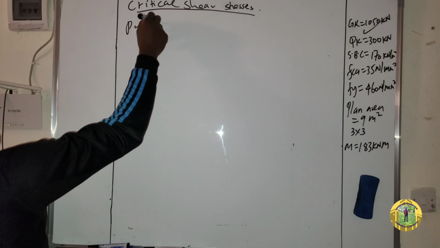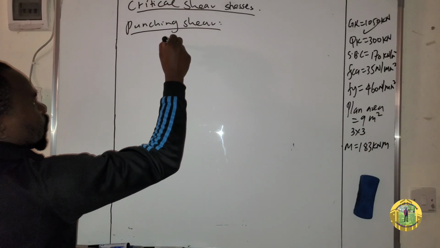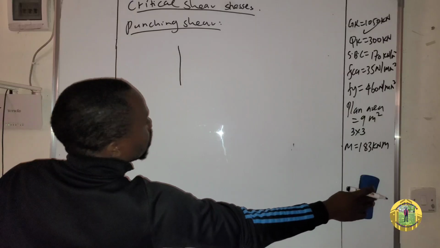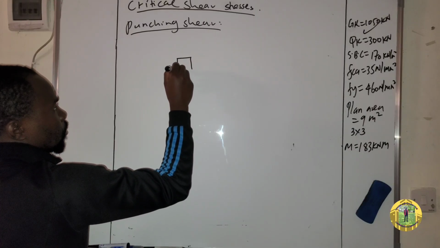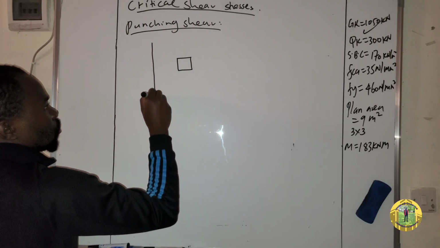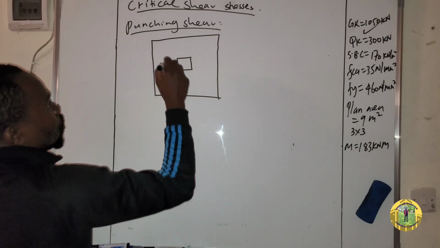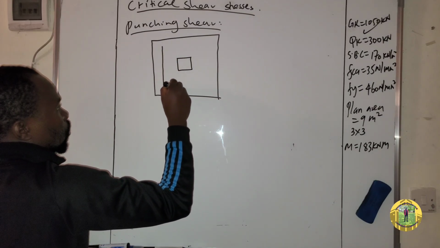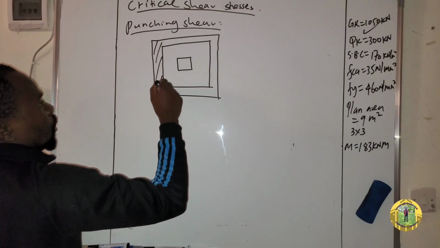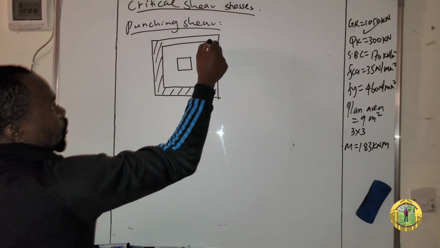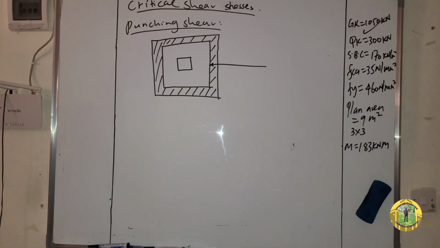So if this is our column and this is our base, then the punching shear will occur at that point.